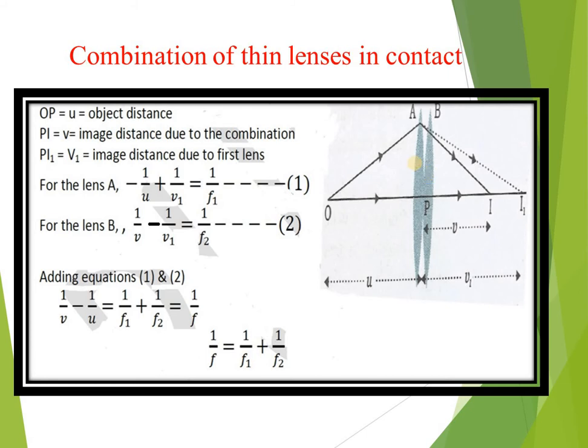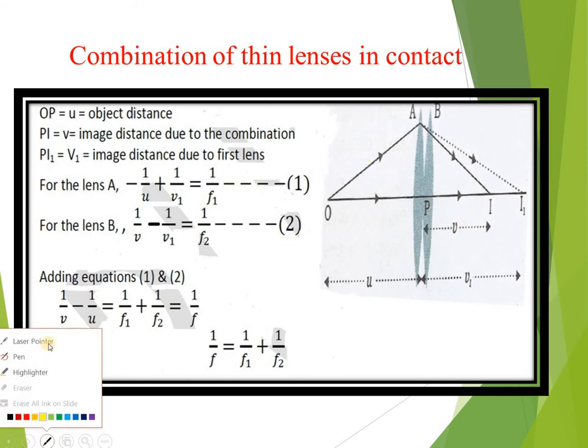We need to consider the lenses to be thin so that their optical centers are quite close, so we can consider the optical center of the combination to be coinciding with the optical center of the individual lenses. That's why the lenses are to be taken thin.